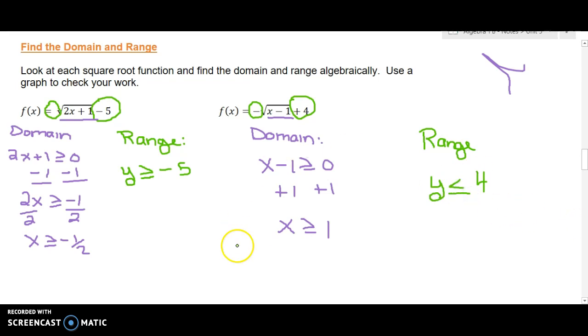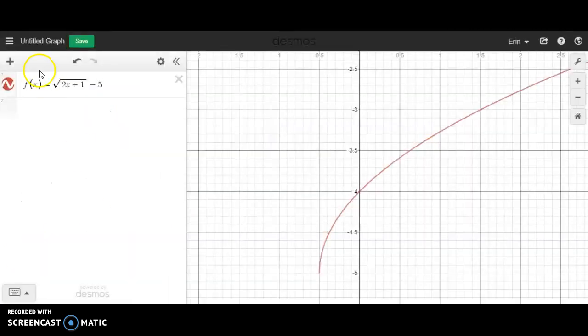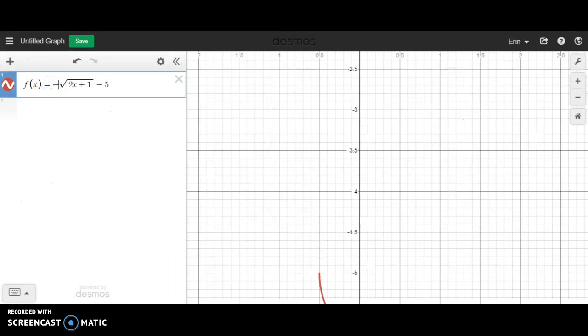And let's go ahead and graph that one real quick to make sure that we did it correctly. So if we go here, we're going to say y is negative the square root of x minus 1 plus 4.